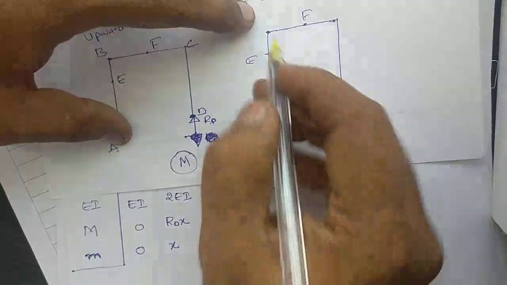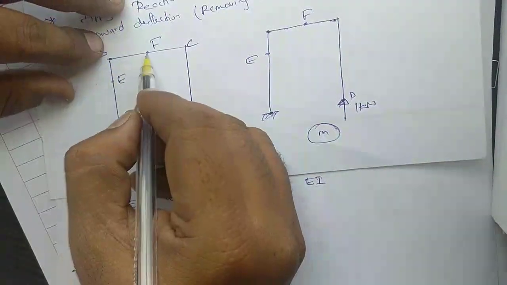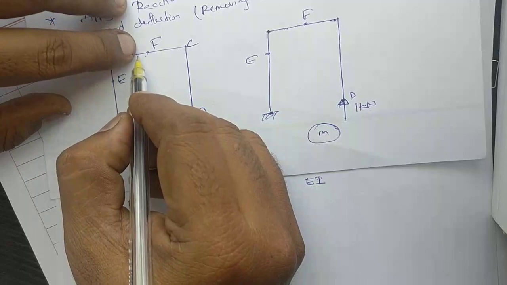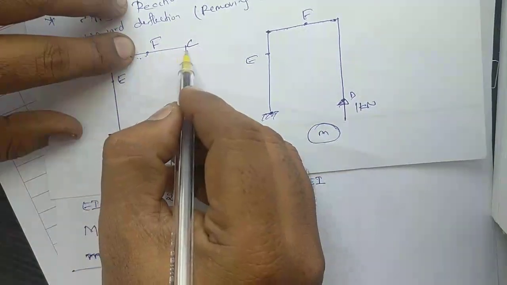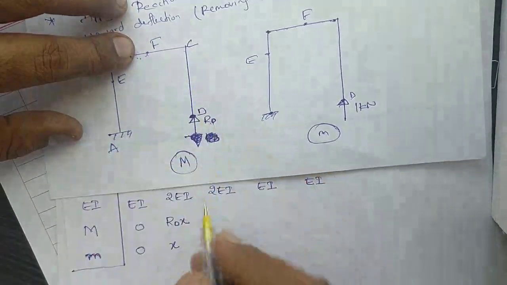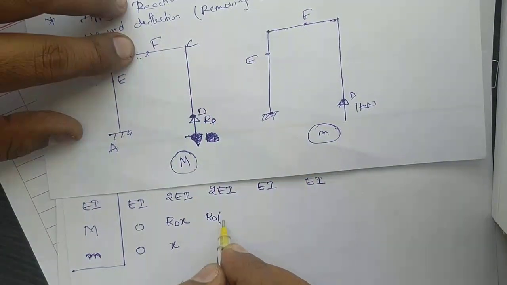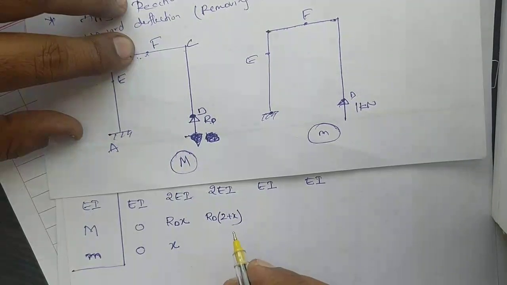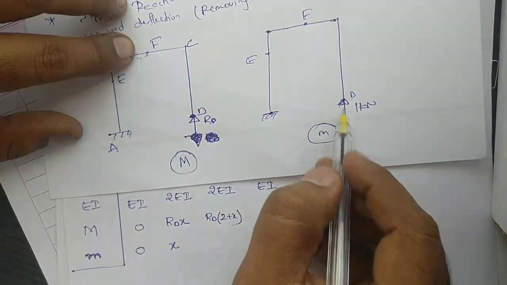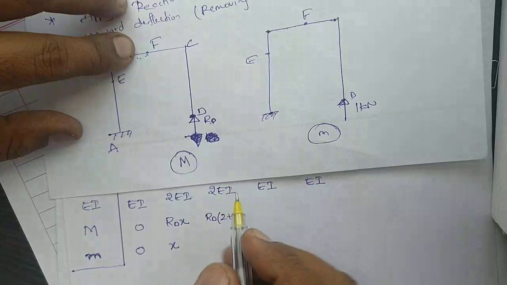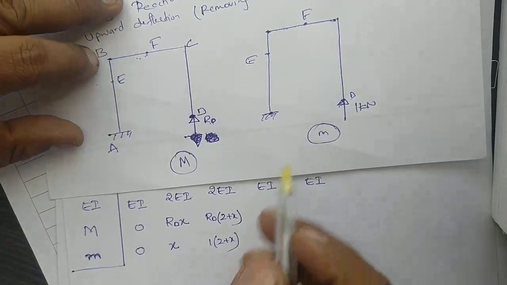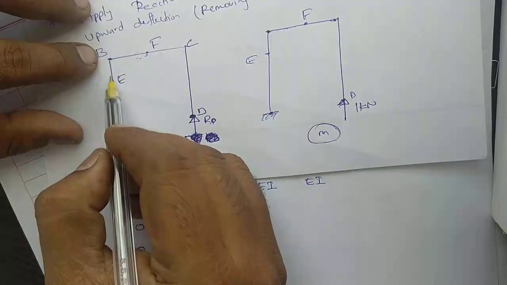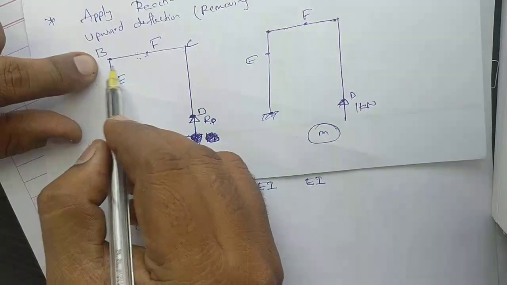Okay. Now for portion FB, here the cross section will be here, from here to here it is x. So total will be RD into 2 plus x. And your 1 kilonewton will be again 1 into 2 plus x. Now for next BE, your cross section will be here.